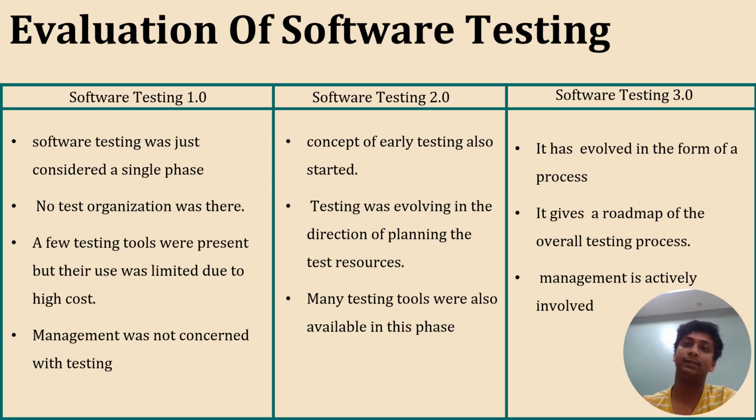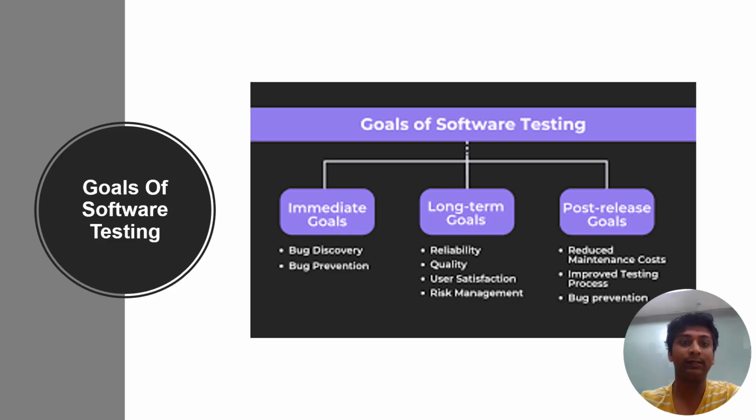Let's go to the next slide, which is the goals of software testing. You might be thinking, okay, I understood what software testing is, but what do you mean by goals? There are three goals of software testing: immediate goals, long-term goals, and post-release goals.